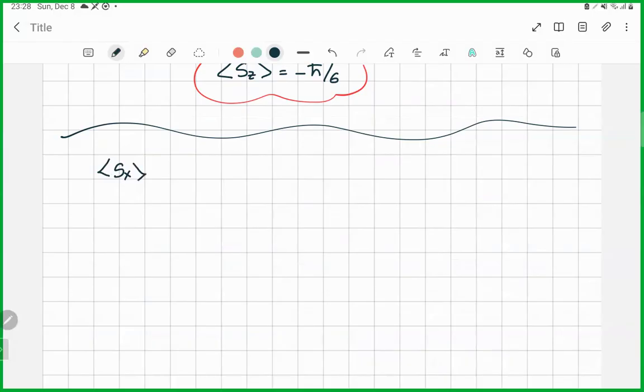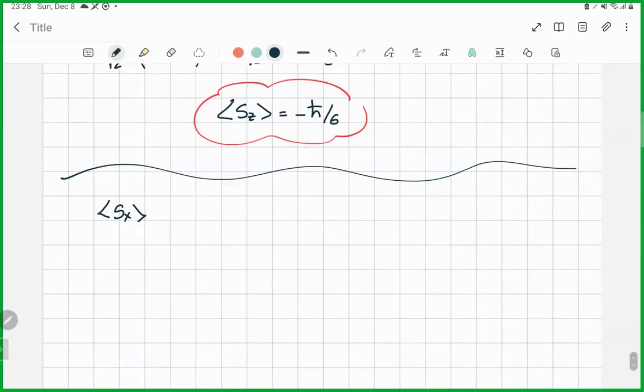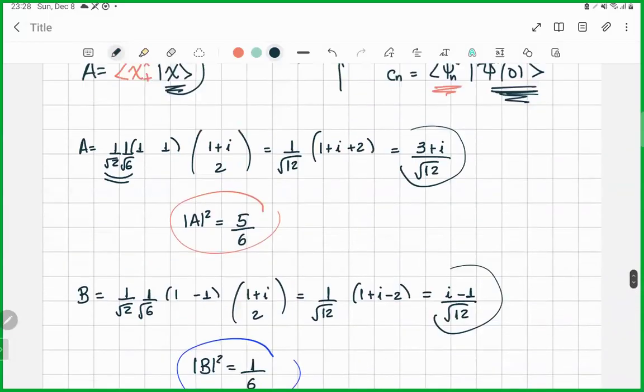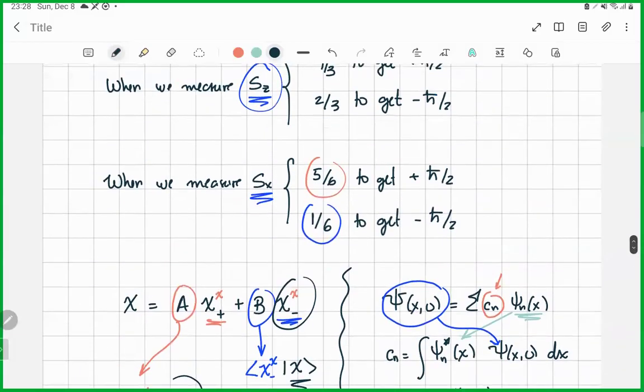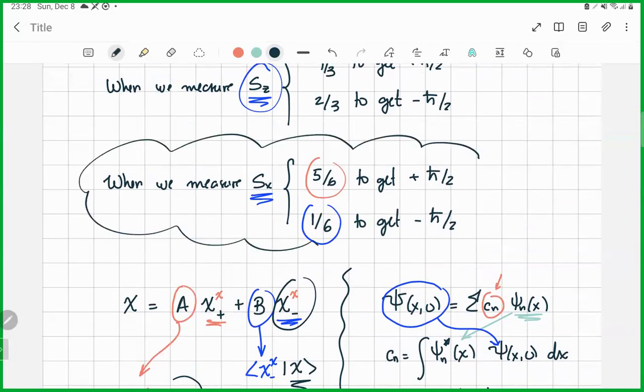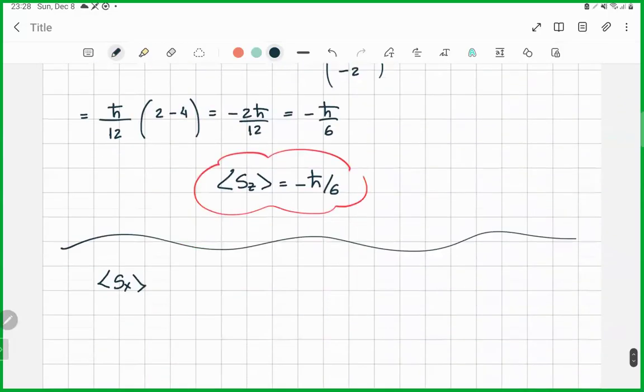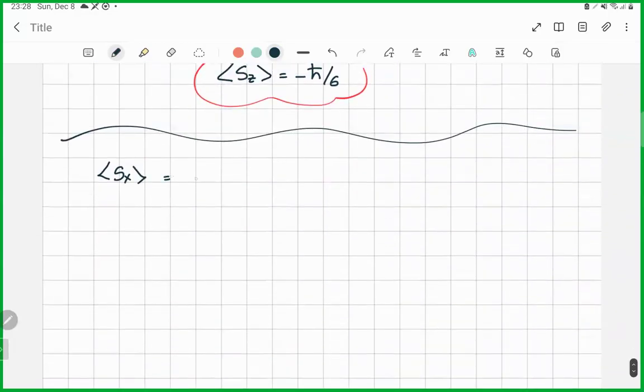Expectation value of SX. Well, again, we can use either one. We know we obtain the probability for each case. Now we obtain the probability to be plus H bar over 2 or minus H bar over 2. Here it is. So we can copy these numbers and get 5 over 6 to have plus H bar over 2.